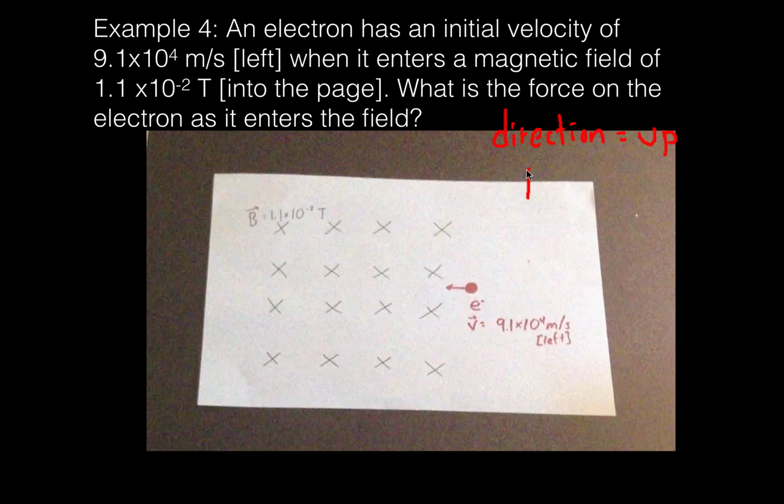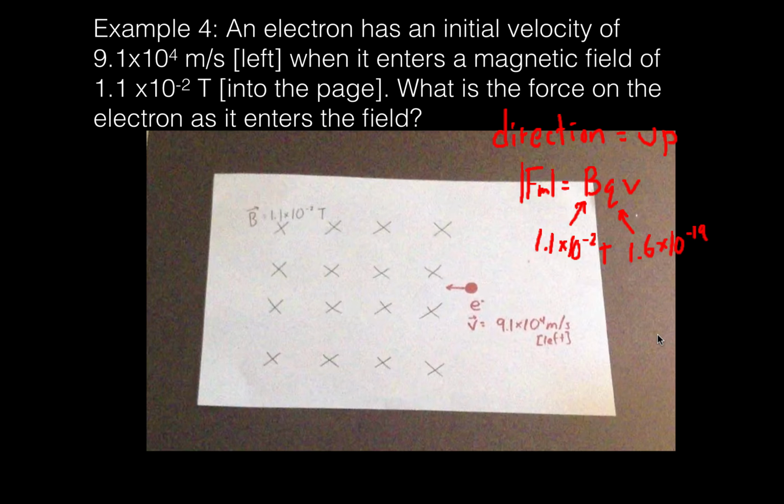To calculate the magnitude of the magnetic force, we use the formula BQV, where B is the magnetic field, which is 1.1 times 10 to the negative 2 teslas. Q is the charge of an electron, which is 1.6 times 10 to the negative 19.